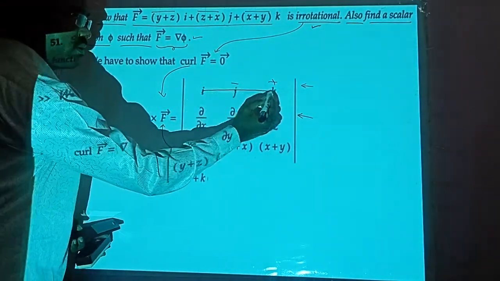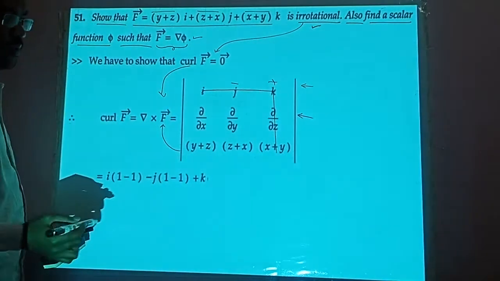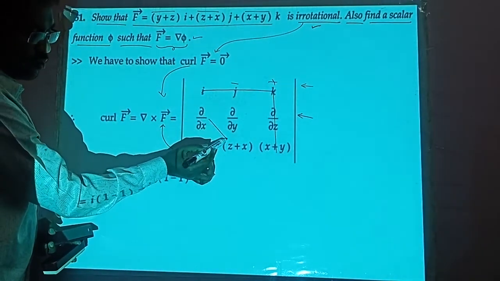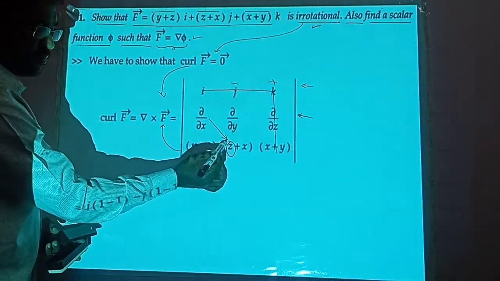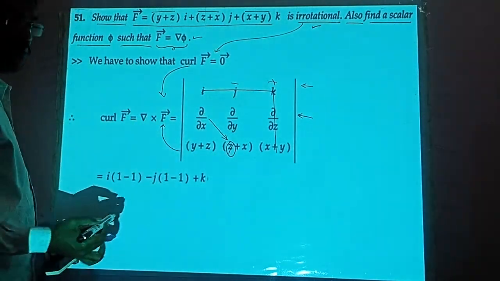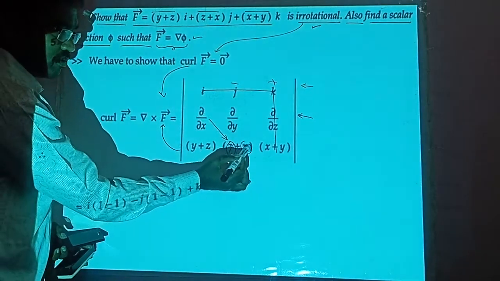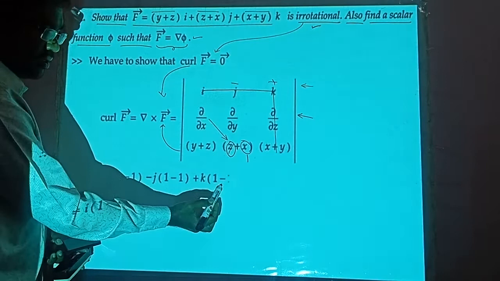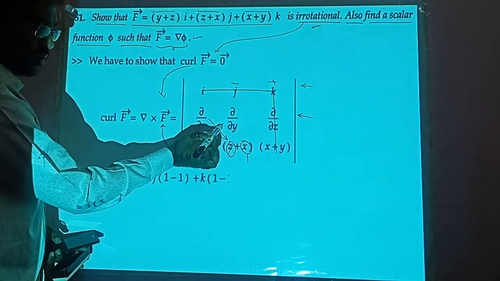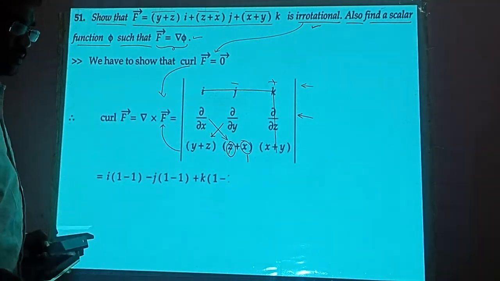we neglect this row and this column, cross multiply. Dou by dou x of z is 0. Dou by dou x of x is 1. So we get 1 here, minus dou by dou y of this.